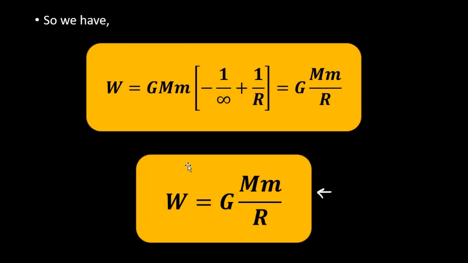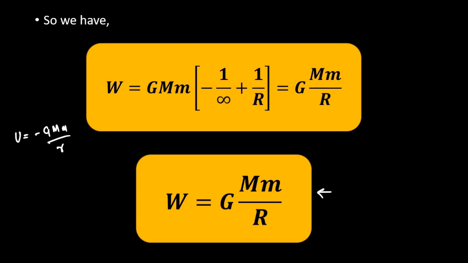And if you remember, we obtained an expression for the gravitational potential energy, which was equal to minus G capital M small m by r. Here the small r was the separation distance, and in that case the minus sign denoted the work done by the gravitational force of earth.